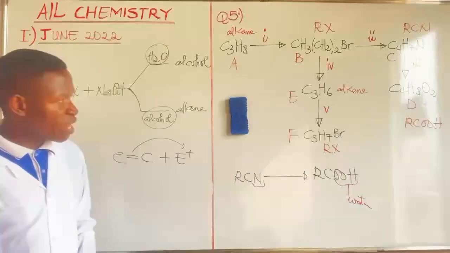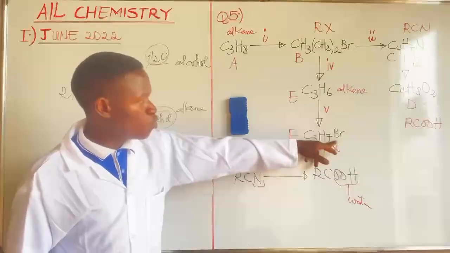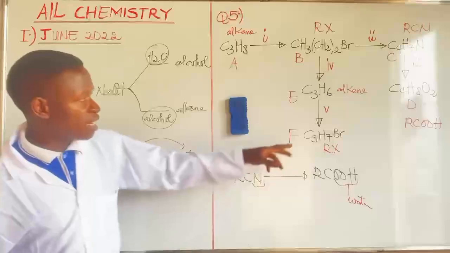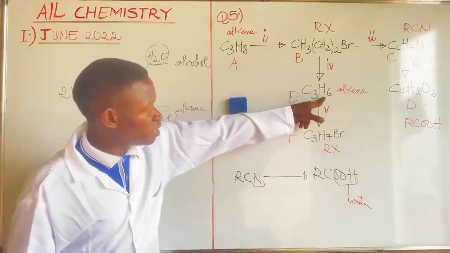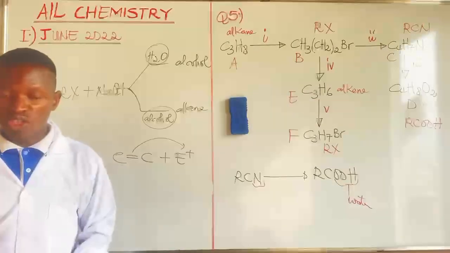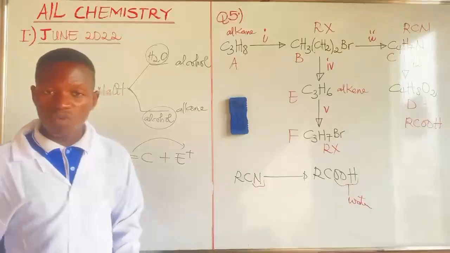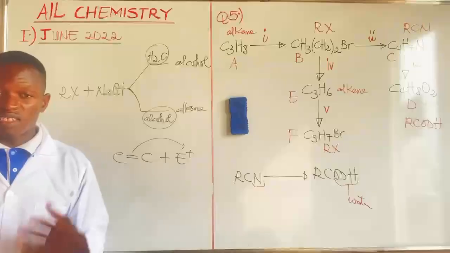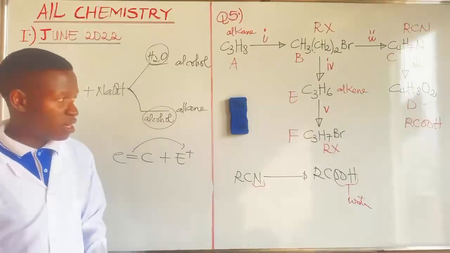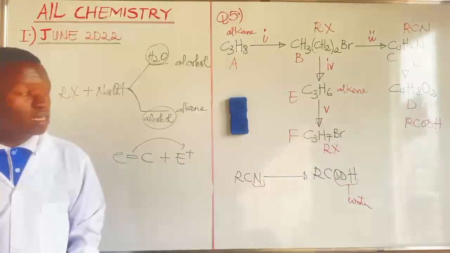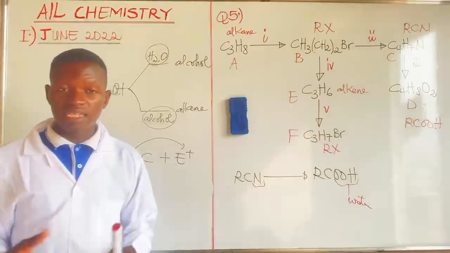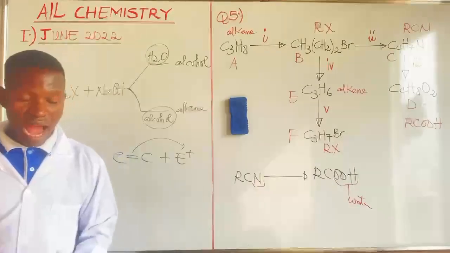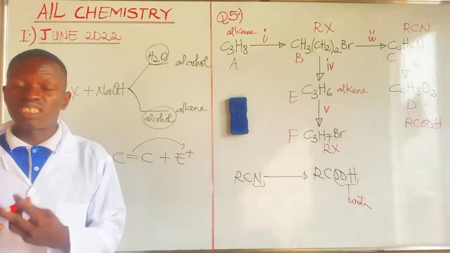So what are we adding? Let's look: bromine is added, and one hydrogen has been added, which means that we are adding hydrogen bromide. So our reagent for Roman 5 is hydrogen bromide. The alkene is propene, and propene is not symmetrical.